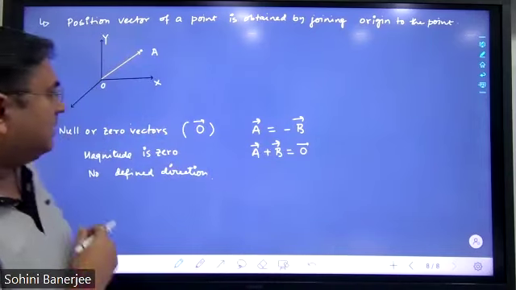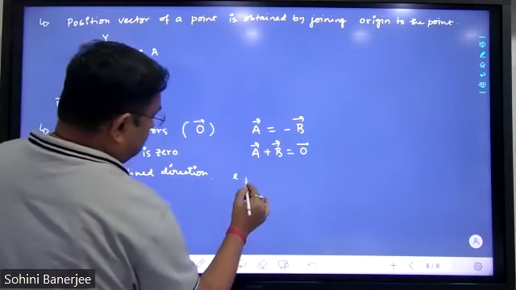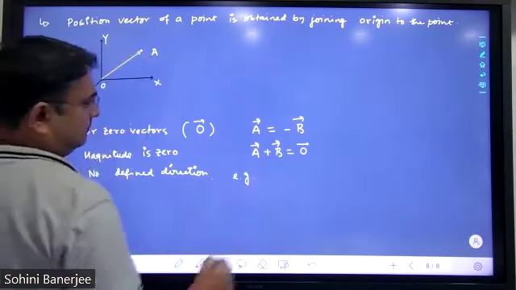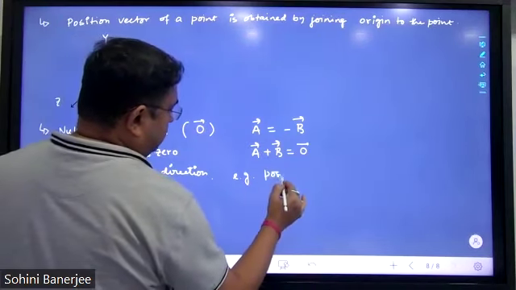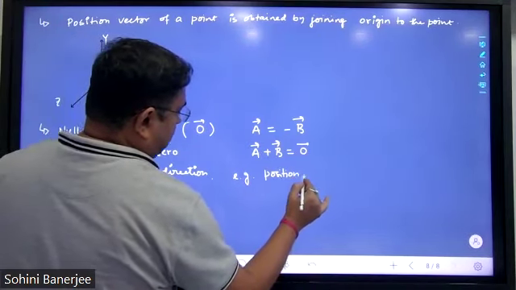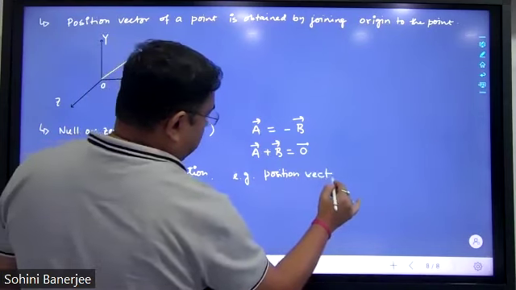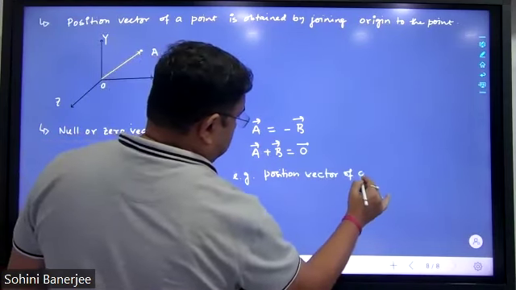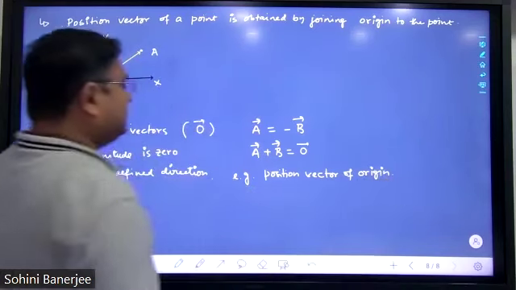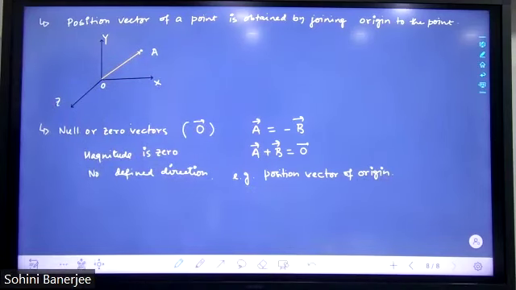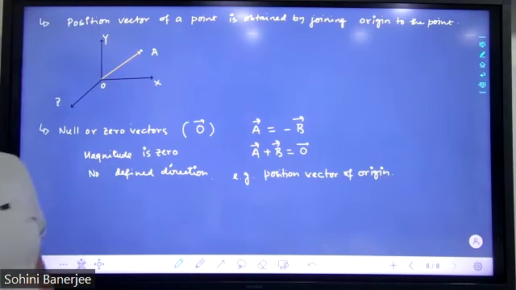Clear? Or another example is the position vector of origin. Position vector of origin, that is also zero vector.